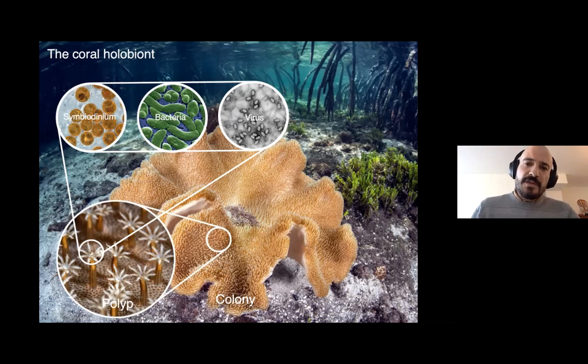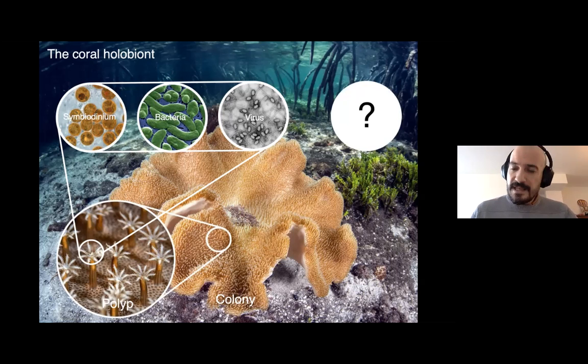Apart from them, there are other microeukaryotes living within corals, and we know something about them based on microscopical and isolation studies. So we know there are other types of algae, like Ostreobium, which is a chlorophyte.